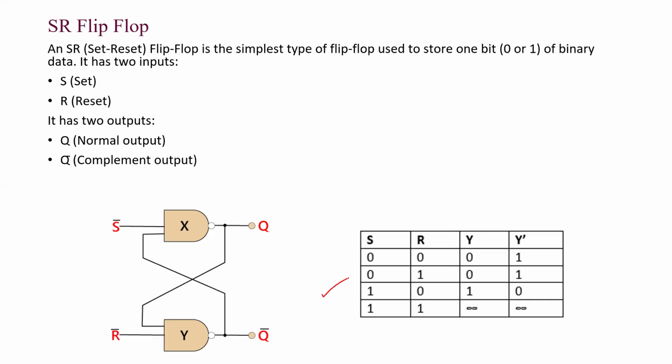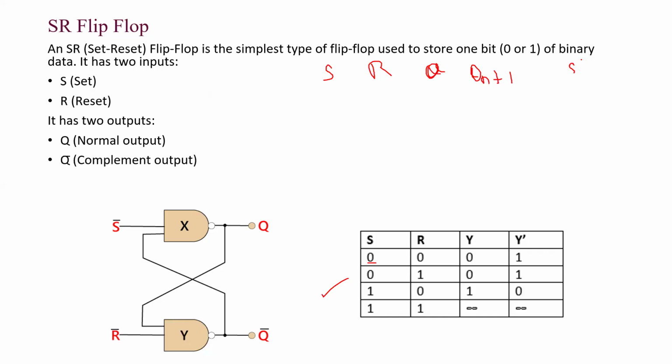Here I have given the inputs and the outputs Q and Q bar. I'll also show you the table: S, R, Q and Q(n+1), the next state. Let me write it and show you.